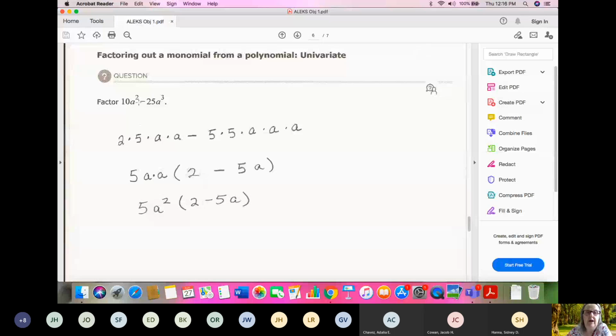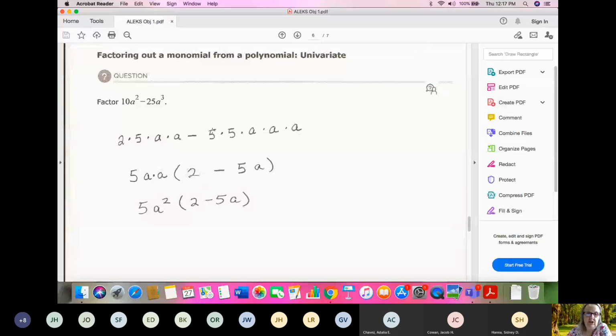So we write that as a times a. Minus in the middle here. This 25 we can write as 5 times 5. And then this a cubed means we have 3 of these a's multiplied together. So we write that as a times a times a.